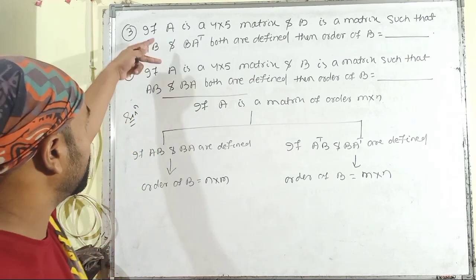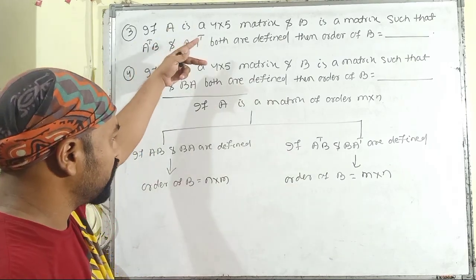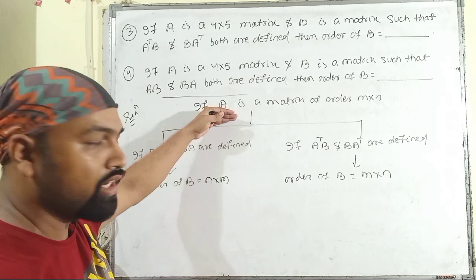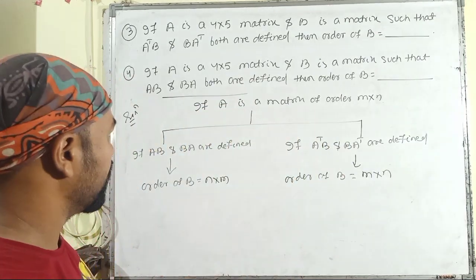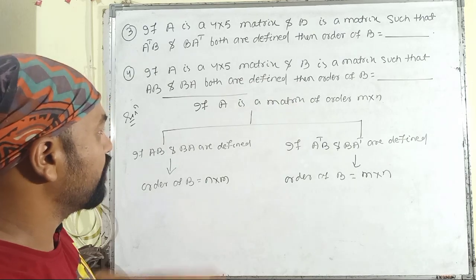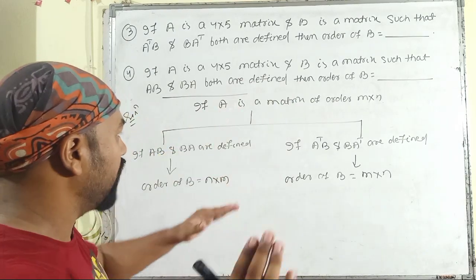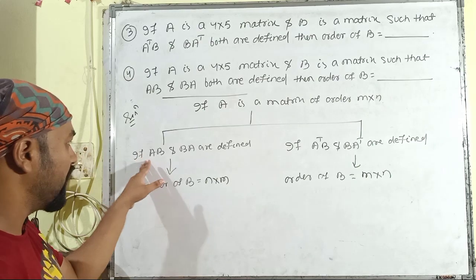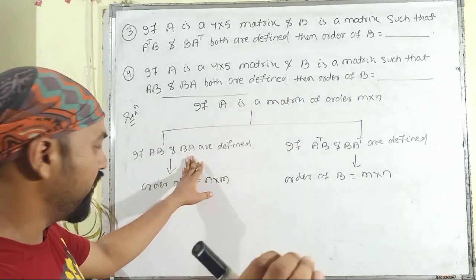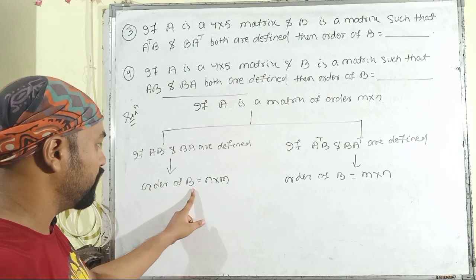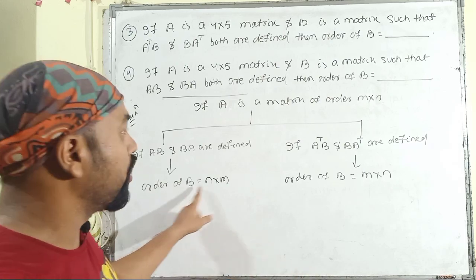So both of these problems are based upon a single fundamental, but the fundamental has two parts. The first is if AB and BA are both defined, then the order of the matrix B will be the reverse of the order of the matrix A.